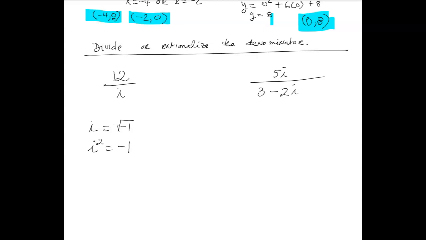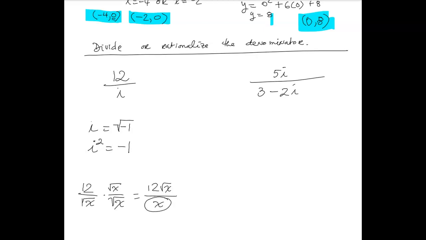Like in the past, if I had 12 over the square root of x, for example, I could not leave it like this, right? I had to multiply by the square root of x over the square root of x, and then I will have 12 square root of x over just x, right? Because it's the square root of x squared, because the goal is to get rid of that square root.